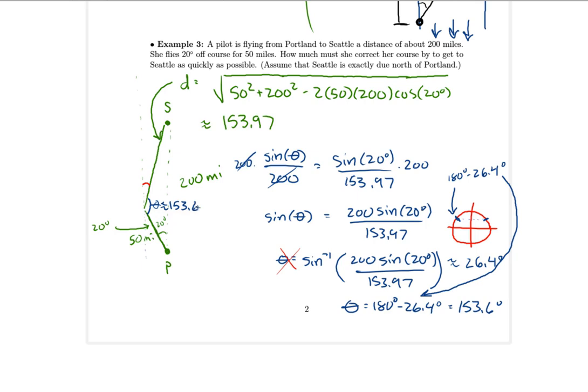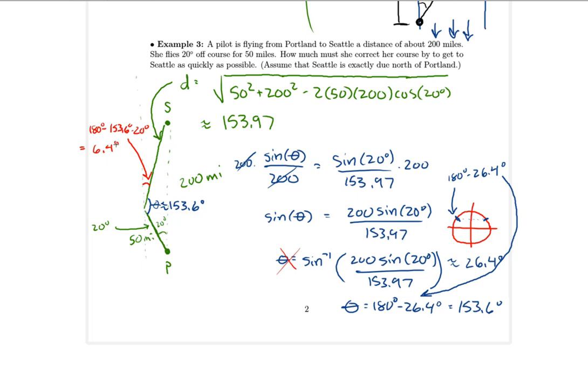So this is a tough problem because we're having to put together all these different things we've learned about. All right, so then what's this red angle here? This red angle would be 180 degrees minus 153.6 degrees minus 20 degrees, which gives me 6.4 degrees.